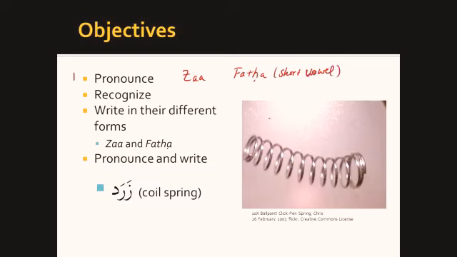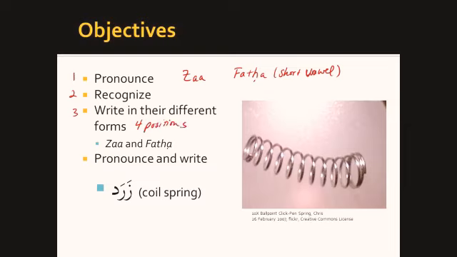And our second objective is to recognize the za and the short vowel fatha when we see them in a word. Our third objective is to write the za and the short vowel fatha. And the za, remember we have 4 positions for each letter.